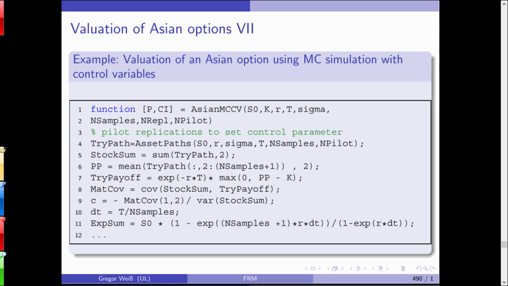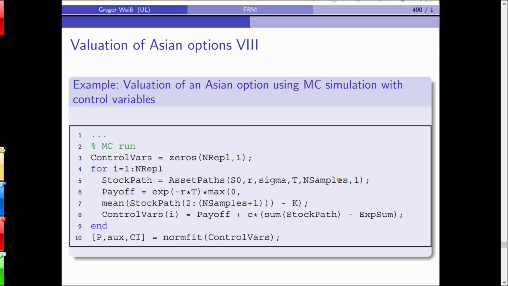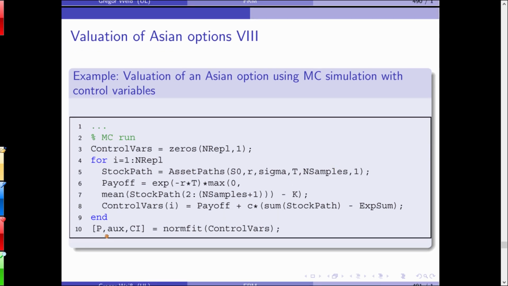So we have the stock path, we sum all those stock prices in stock sum, and then we take the averages, and here we estimate the covariance, we estimate the correlation, and later on we get c, we get dt, we get the sum of all those underlying prices, and then finally here we do the actual simulation run.